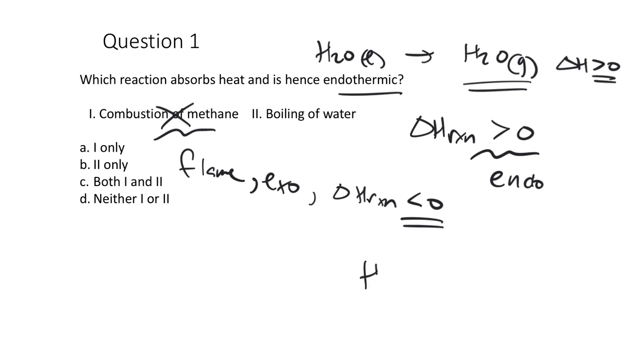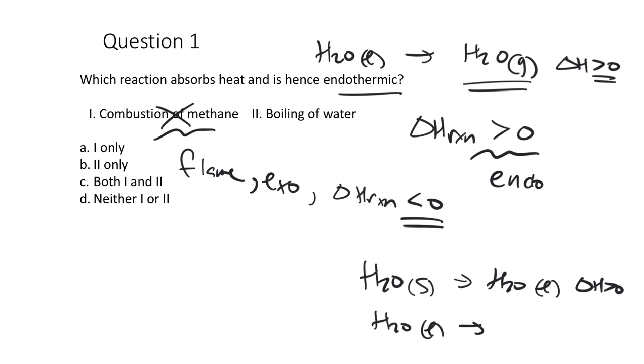If you look at ice melting into liquid water, that is also endothermic for the same reason: we have to take the cold ice and warm it up in order for it to melt. That tells us it's an endothermic reaction. And if you flip these reactions, then they're exothermic. If you take liquid water and need to freeze it, then you have to take energy out of the liquid water for it to cool down.